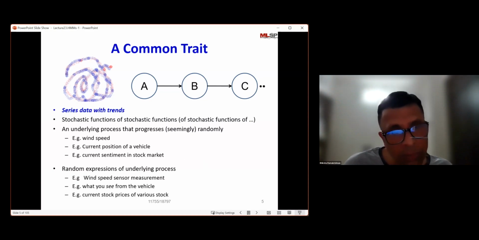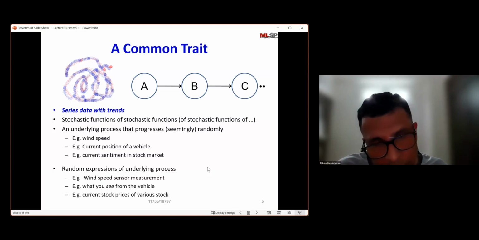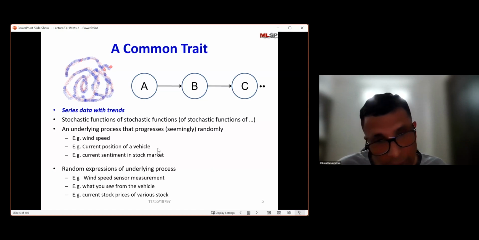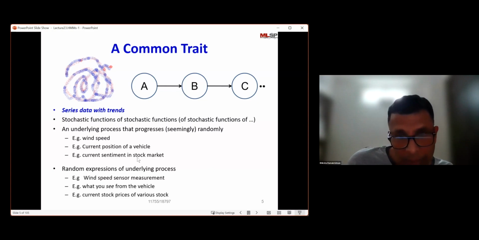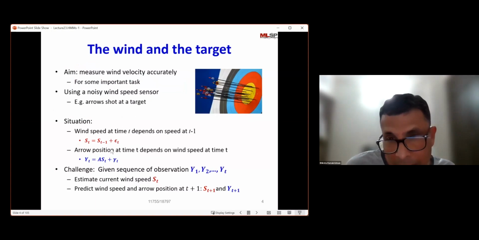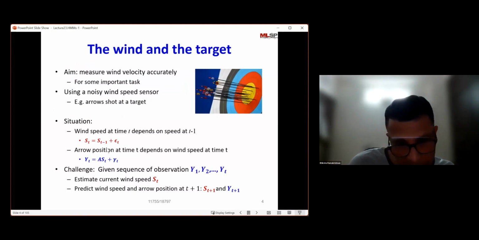And this kind of situation occurs not just in our silly toy problem, but in many places. Like if you're in a vehicle, right? The current position of the vehicle can be thought of as a random variable. Or in a stock market, the current sentiment in the stock market can be viewed as a random variable. When you take measurements, just as over here, you didn't actually see the wind velocity. The measurements you got were the arrow positions, right?